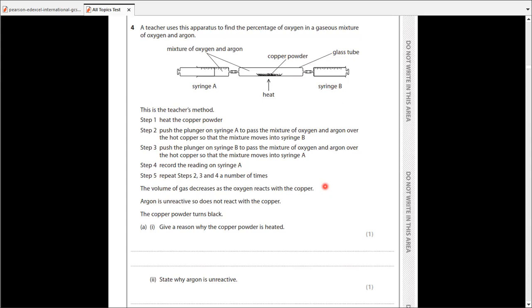So what would a perfect answer be? A perfect answer should include a couple of points. Number one, copper is very unreactive under normal conditions. It reacts under harsher conditions, when copper atoms have enough energy to react.